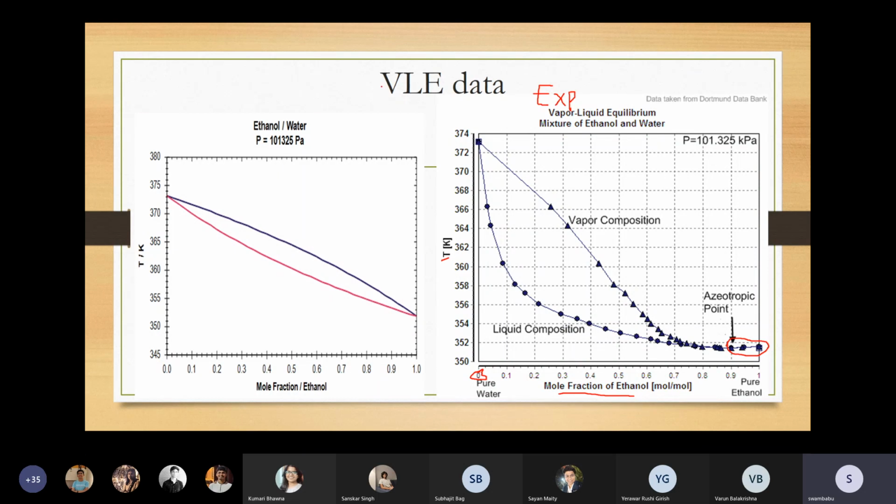But if you predict VLE data of the ethanol water system using Raoult's law, it will come like this, and it's totally different. You know, this is experimental. This is the real one. It will be totally different.